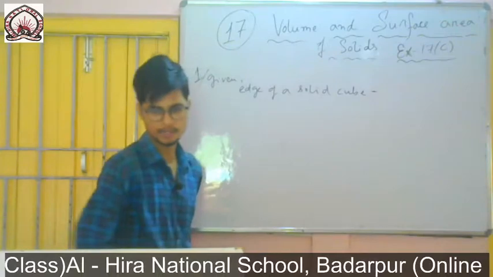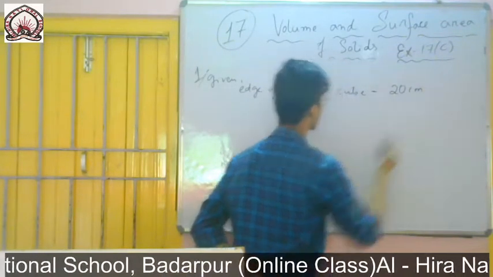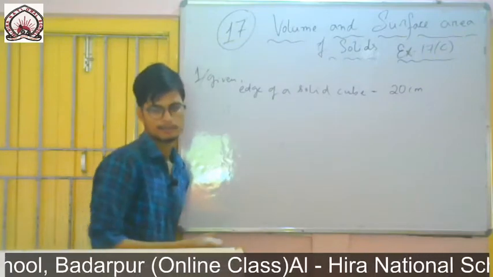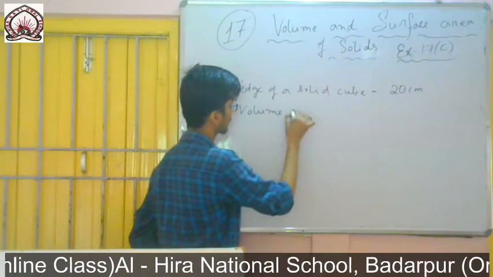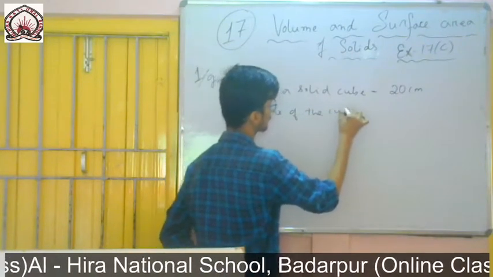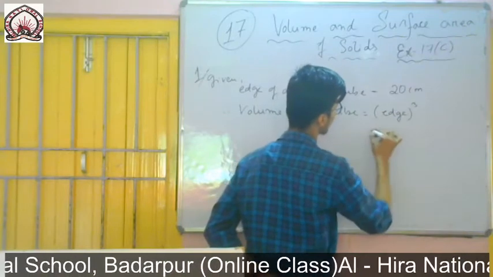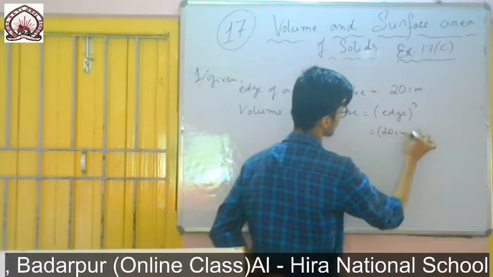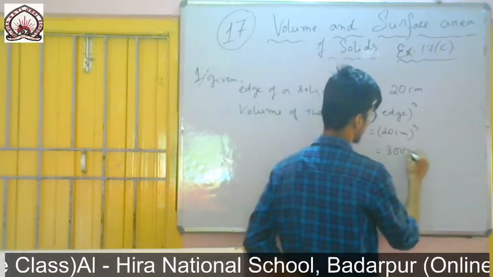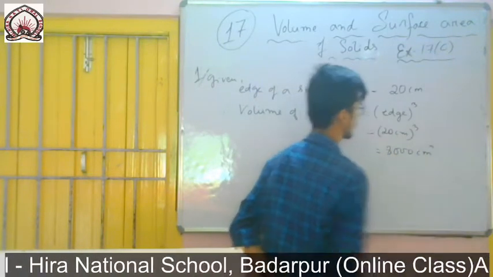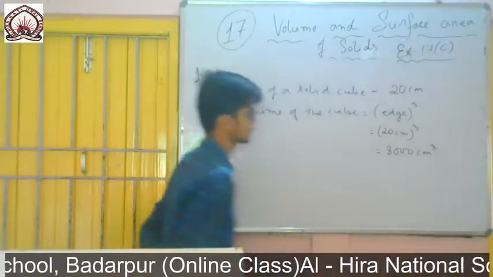Given the edge of a solid cube is 20 centimeter. Therefore, we'll find the volume. Therefore, the volume of the cube will be equal to a cube, that means 20 centimeter cube, which is 8000 centimeter cube.